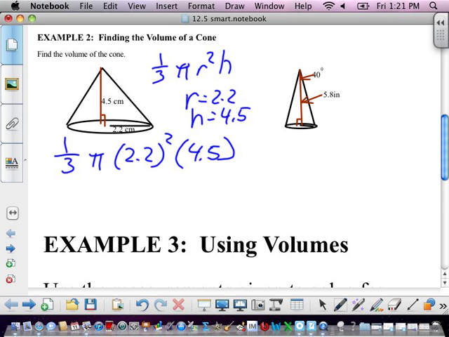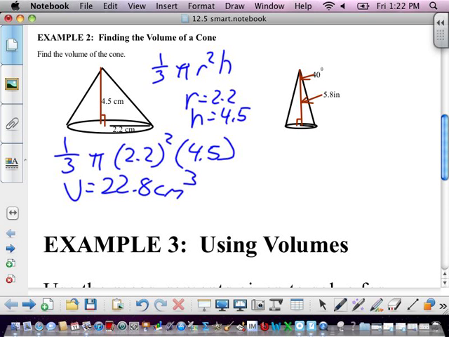Because if you stick a cone inside the cylinder, it's 1/3 of it. Okay, so I'm going to do pi times 2.2 squared times 4.5. I'm going to divide the whole thing by 3. So the volume for this is approximately 22.8 centimeters cubed.